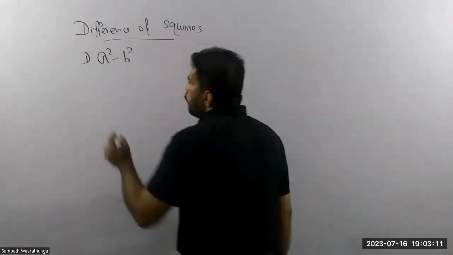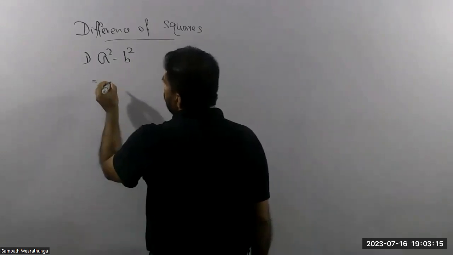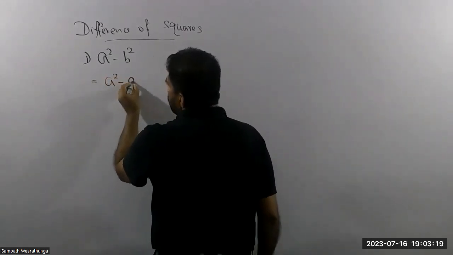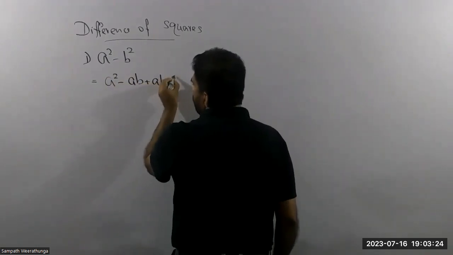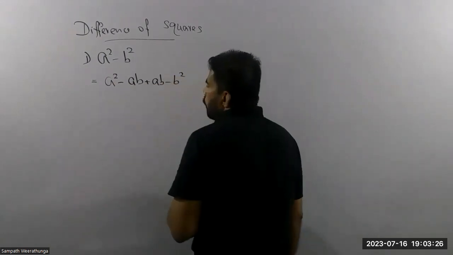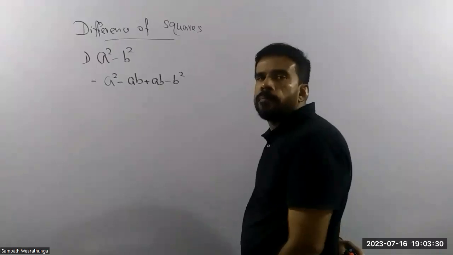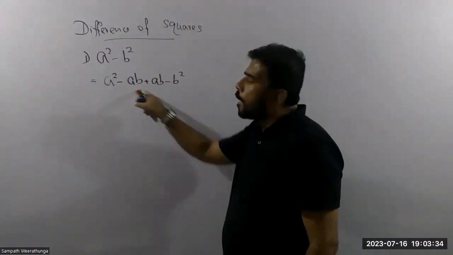Right. So what I'm going to do is add two terms of this nature, AB as well as minus AB, to A squared minus B squared. What I have done is I added one AB term and another AB term, but with different signs.